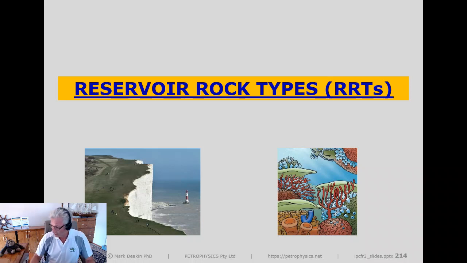So the data we use is, of course, core data, porosity, permeability, cross plots, capillary pressure data, very important, mercury injection capillary pressure and pore throat size distribution data, and thin sections to get your mind into understanding what this behavior is.